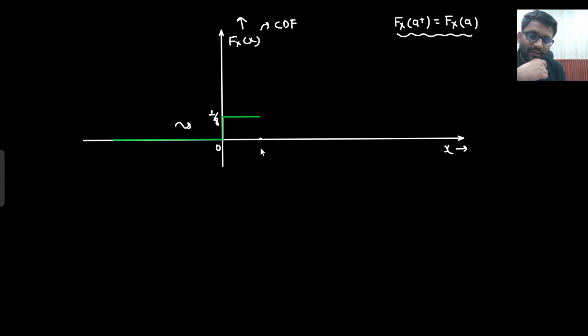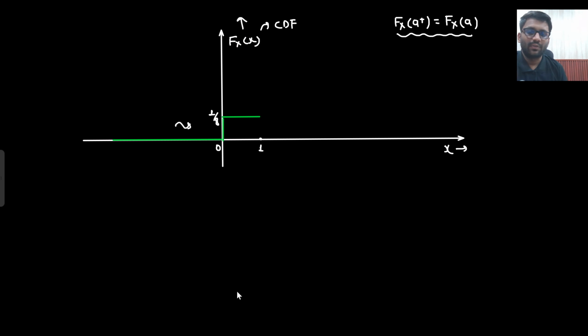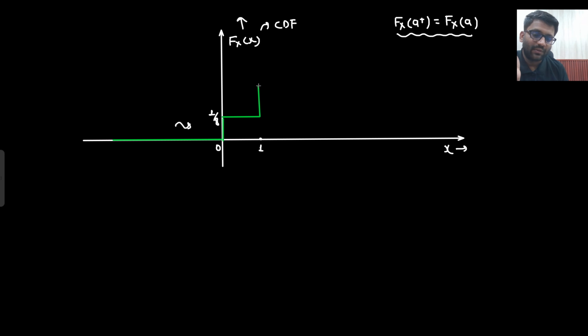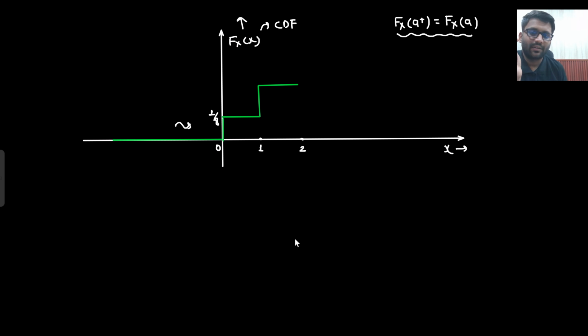Then at 1 what was happening? Till 1 it was remaining there only, like 0.5 was also giving 1 by 8. Then F_X of 1 was giving 1 by 2. So from 1 by 8 you made a jump to 1 by 2. Then when capital X took the value 2, you again made the jump to 7 by 8.